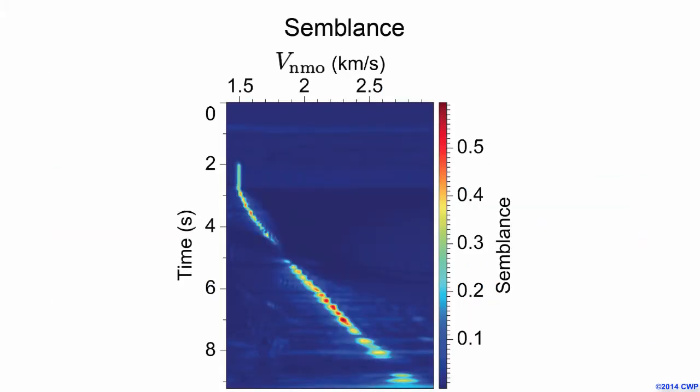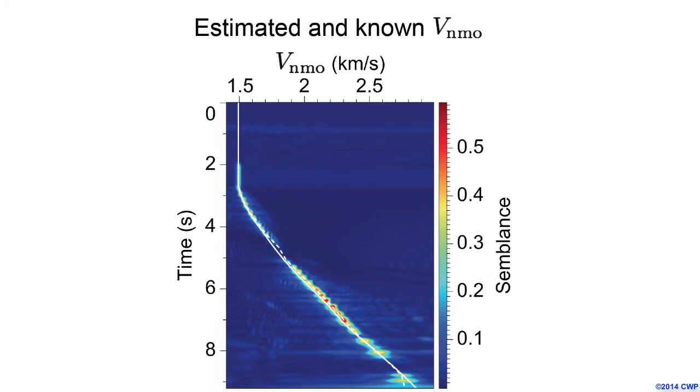So given our semblance spectrum, we use the dynamic programming approach and can find a much better estimate of VNMOs than just picking peaks at each time, which of course was a silly solution. But compared to the real solution, we're pretty close.